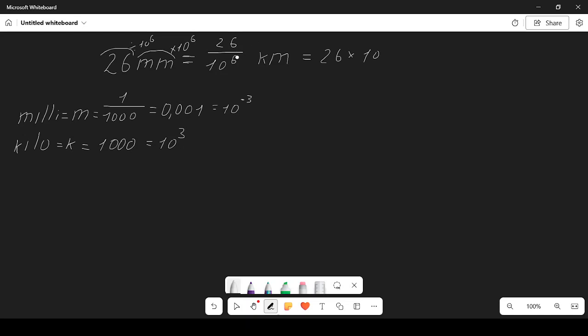When we do this, we should change the sign of the power to the opposite sign. So 26 multiplied by 10 to the power of negative 6 kilometers. So now we did the conversion.